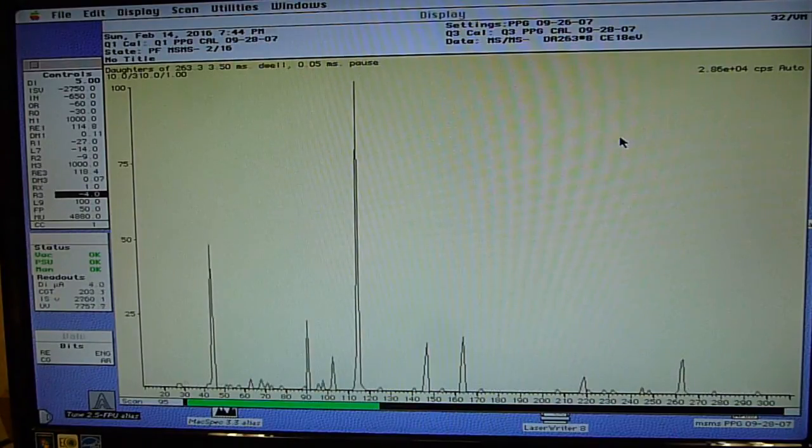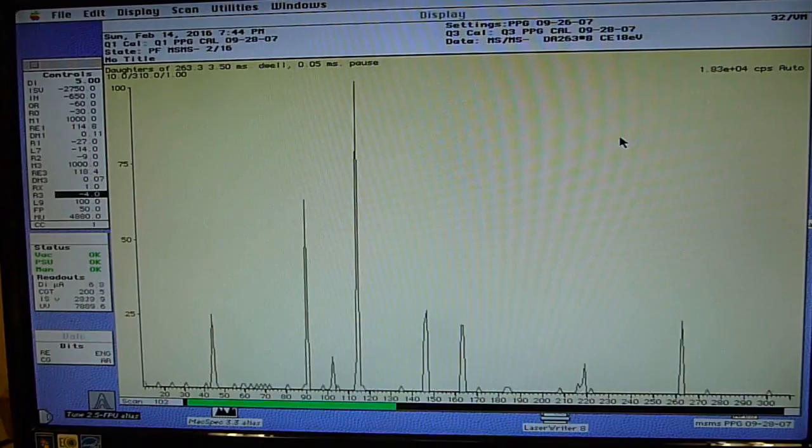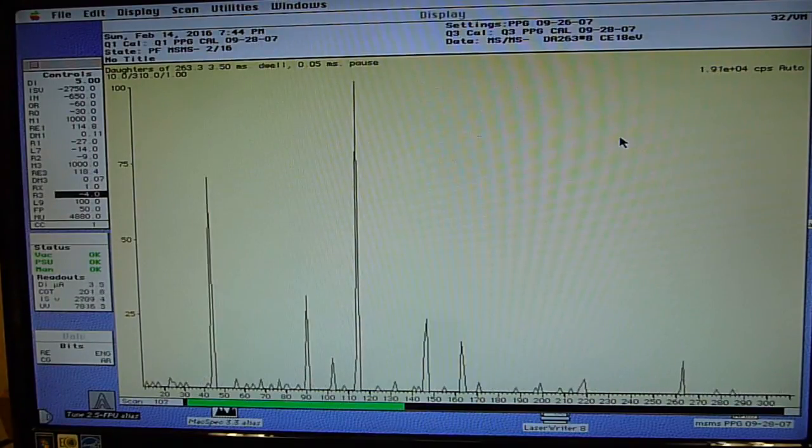Counts aren't as high as with the lower collision energy because we're getting more scattering.